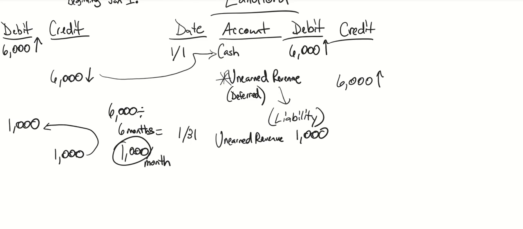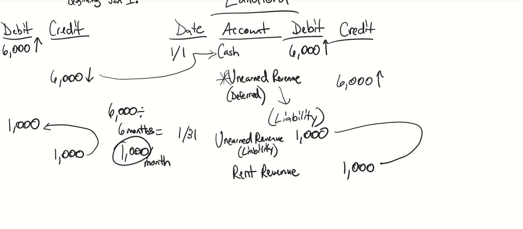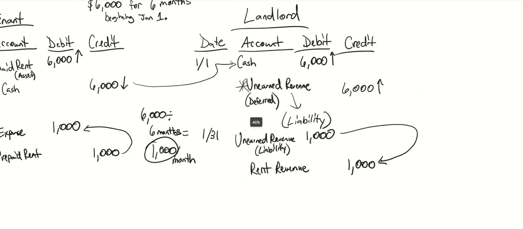This is a liability account, and by debiting this liability account, you are reducing the balance in that account. And where is it getting transferred to? It's getting transferred to an actual revenue account called rent revenue, and that's going to be credited for $1,000.